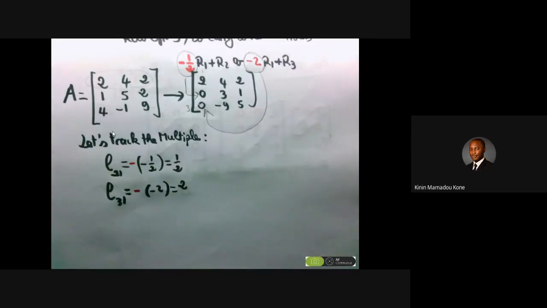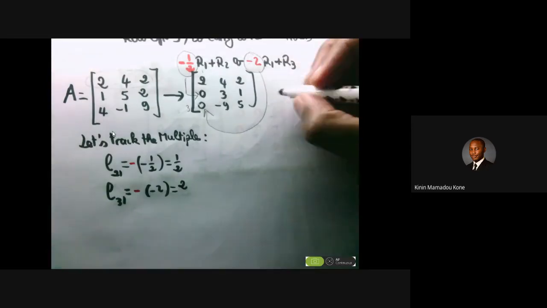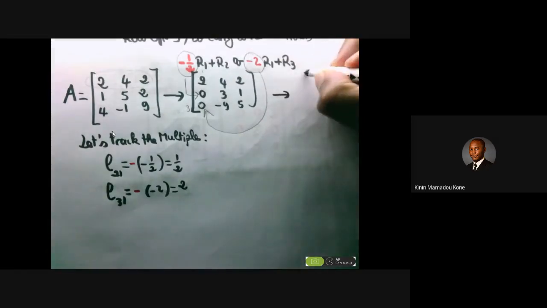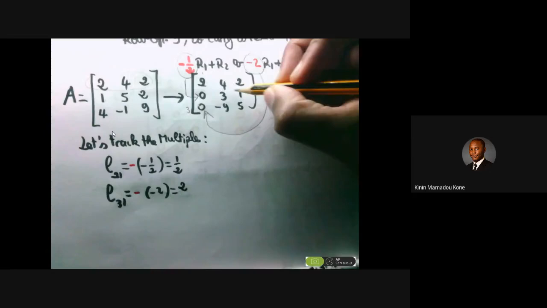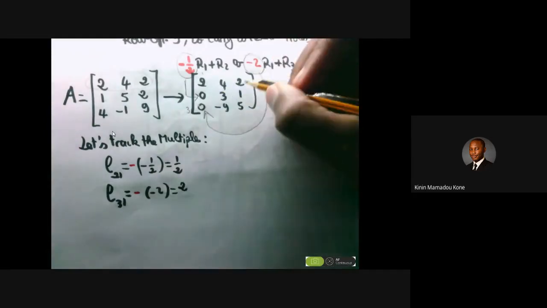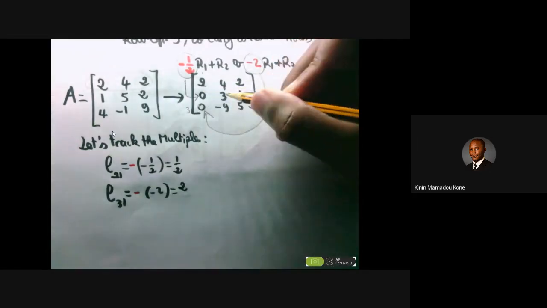Now the other reduction process is going to be to eliminate. I'm going to use this row over here as my pivot row, and then I'm going to use that row to eliminate this value over here.